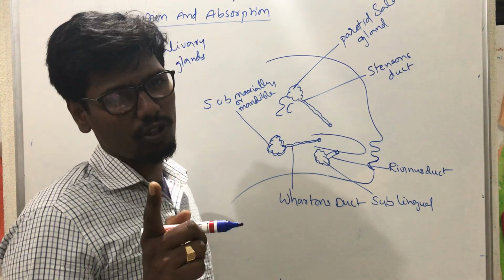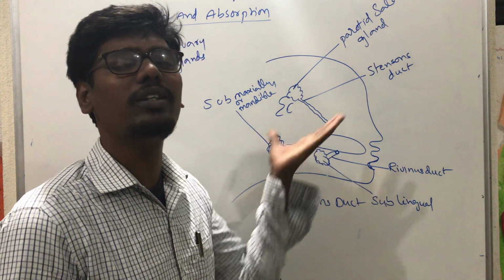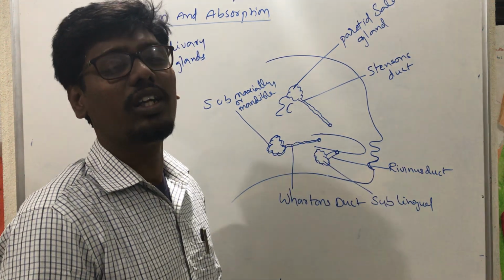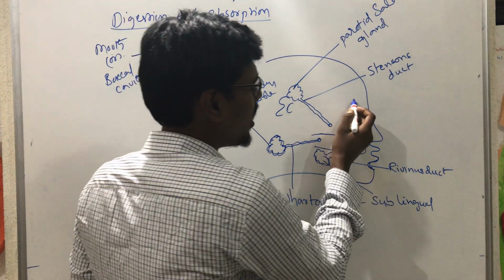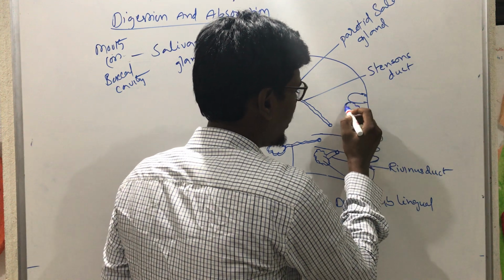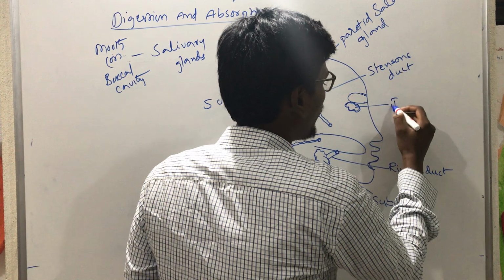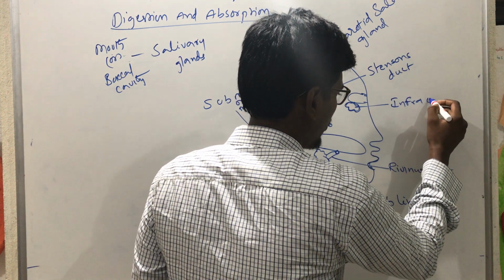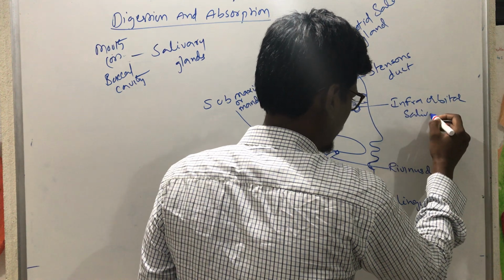Another, fourth pair of glands is there, which is absent in human beings. It is present in animals, below the eye orbits. The gland name is called infraorbital saliva gland.